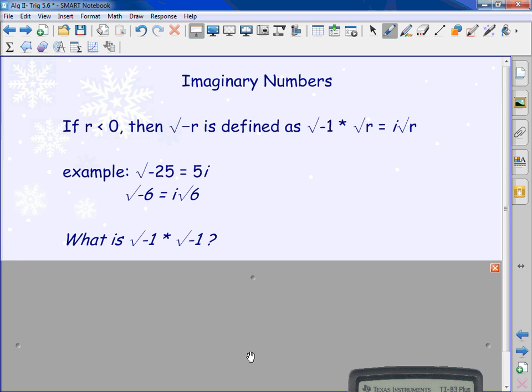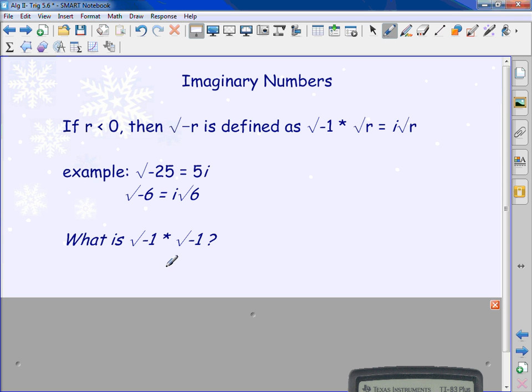Now, if I take the square root of negative 1 times the square root of negative 1, what's negative 1 times negative 1? Positive 1, and the square root of 1 is 1.